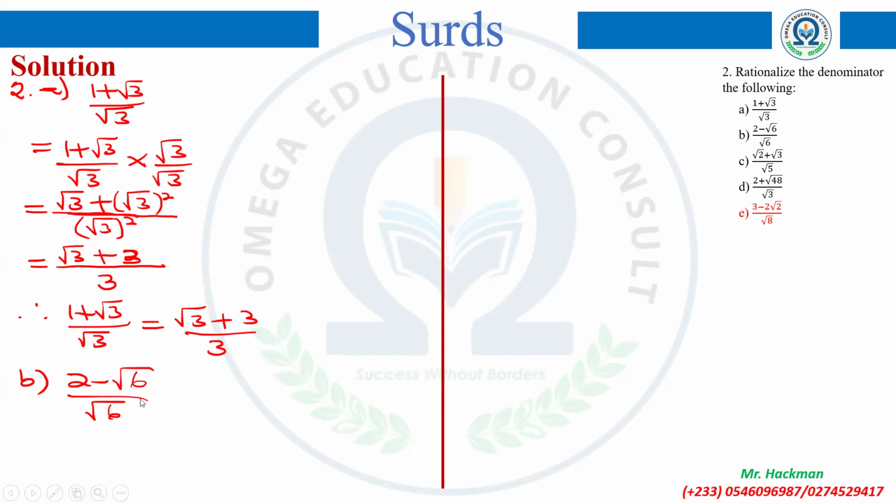This surd is in its basic form. This also is in its basic form. So you move straight away to your step 1: multiply numerator and denominator by the surd in the denominator. And here, we are going to get 2 minus root of 6 over root of 6, times root of 6 over root of 6.